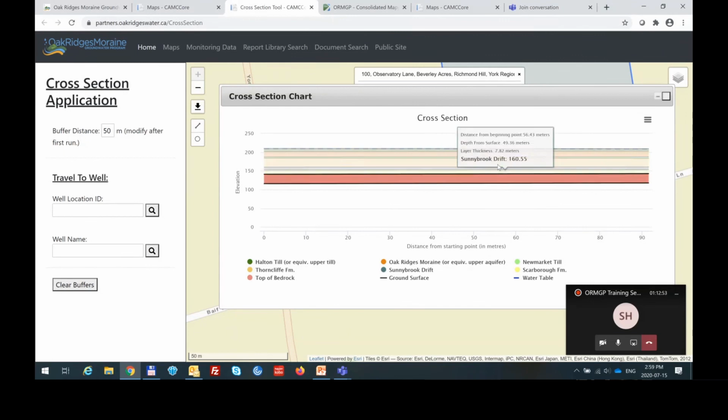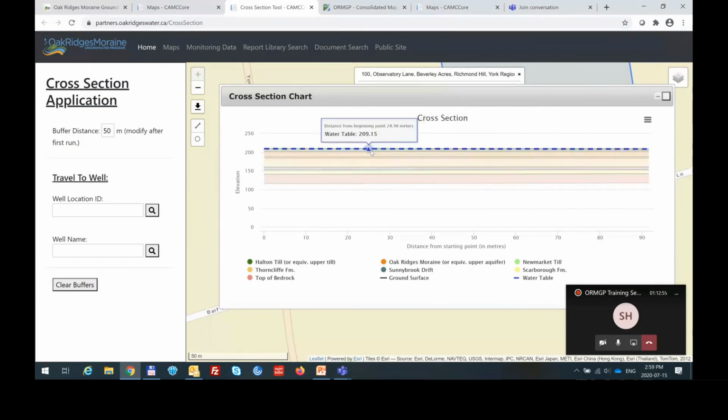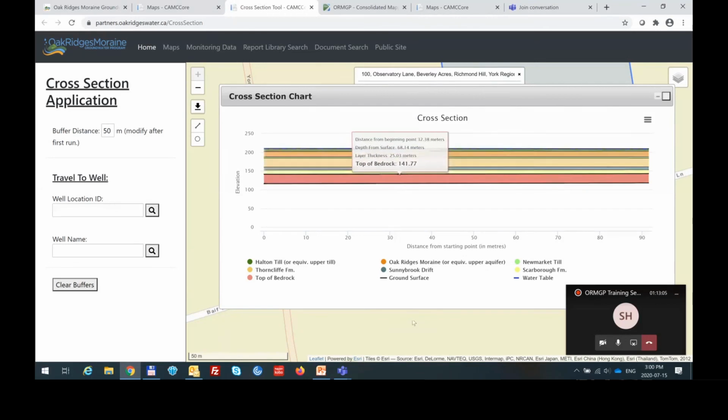Like I said, I don't have any wells on here, but in an ideal world, if we had boreholes, you could get borehole related information. But right now the answer is no, though that is something we should think about.